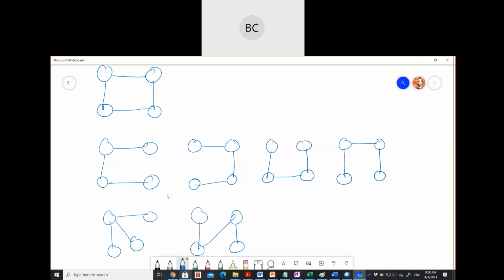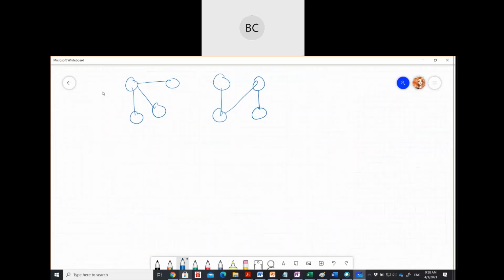If I say minimum spanning tree, then all the edges must have some weight. Okay, minimum spanning tree is just that the sum of the weights of edges is as minimum as possible.